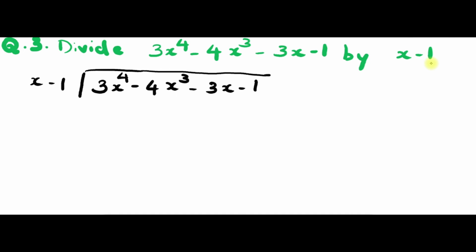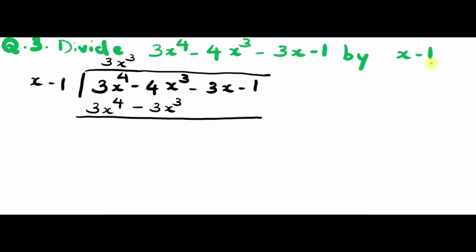3x raised to 4 divided by x will give you 3x cube. 3x cube into x will give you 3x raised to 4. 3x cube multiplied by minus 1 will give you minus 3x cube.